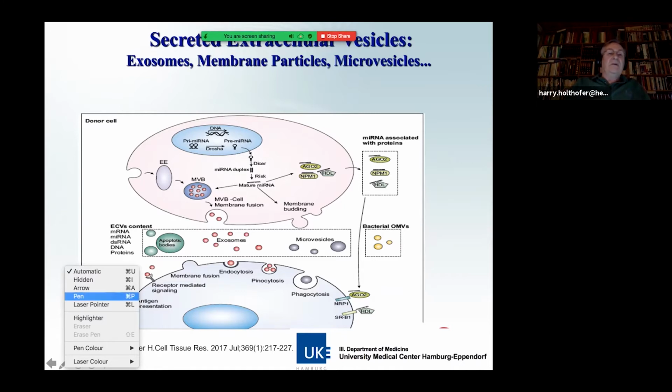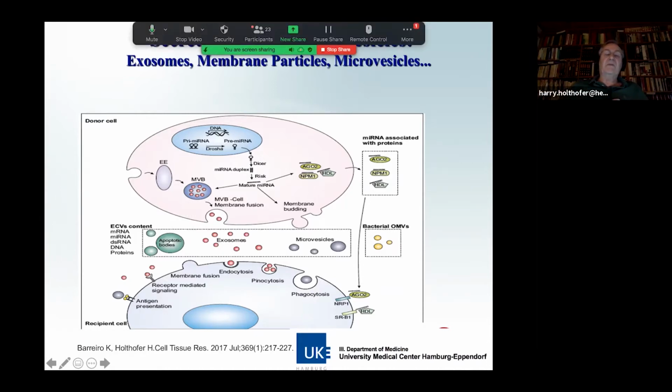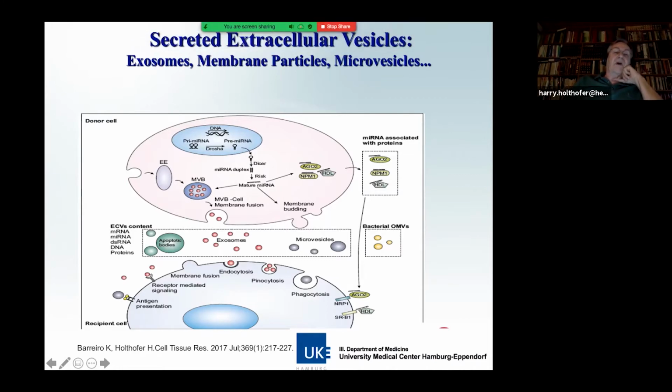And as we know, the recipient cells have various mechanisms for taking up these extracellular vesicles from the intercellular space. They can be divided into different categories like apoptotic bodies, exosomes, microvesicles. But most important is that they have this beautiful content of different sets of RNA, double-stranded, microRNAs, you name it, as well as proteins. And the composition of lipids is very distinct as well in these different groups.